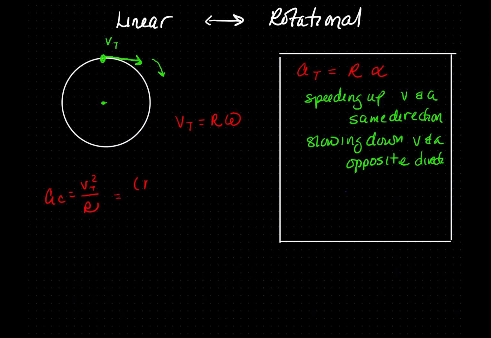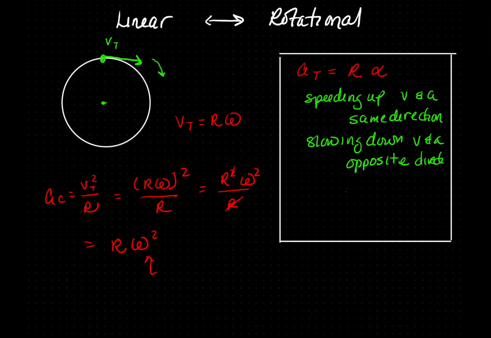Substituting in, I'm going to square that over R. This becomes R squared omega squared over R. One of the R's cancel out. So AC, or centripetal acceleration, becomes R, the radius, times the angular velocity squared.